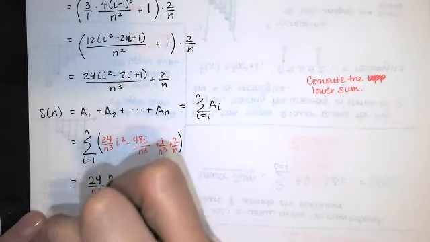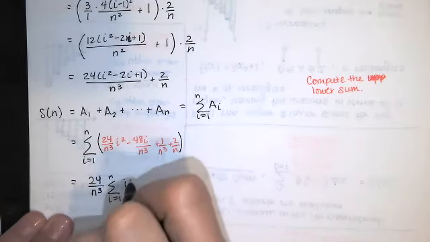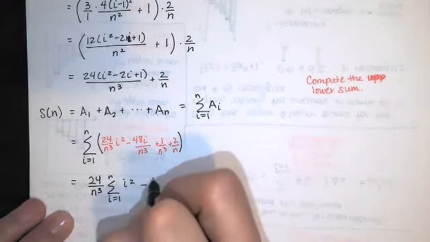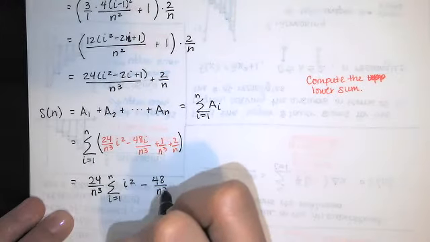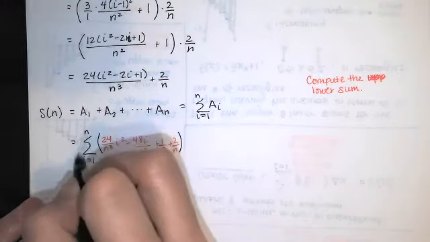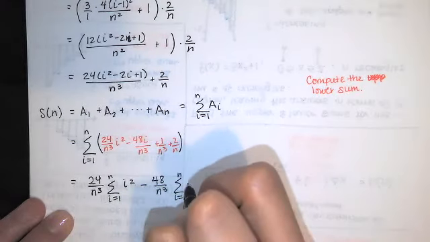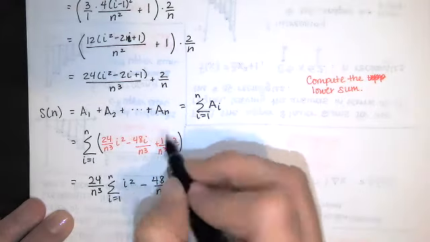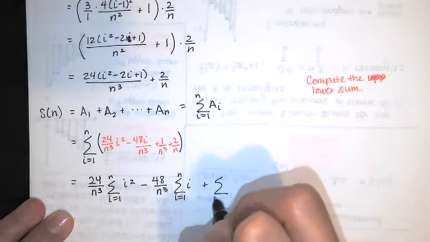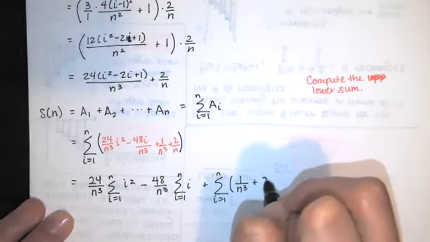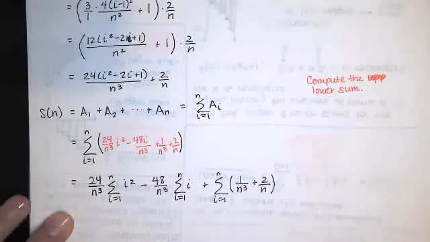And then I have the sum as i goes from 1 to n of i squared, minus, over here, the 48 and the n cubed are constant, so I can factor that out. And I've got the i's, and I'm summing those as i goes from 1 to n. And there are no i's in this part, so I've got that over there.